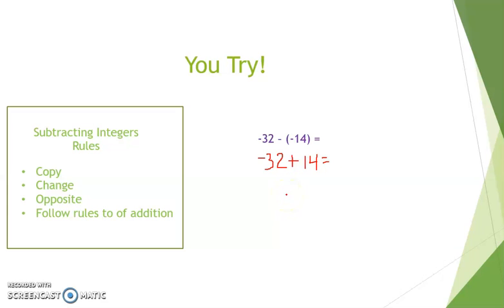Rules of addition state that when our signs are different, we are going to subtract and take the sign of the largest absolute value. So 32 minus 14 gives us 18. And our largest absolute value is 32, so our answer is going to be negative.